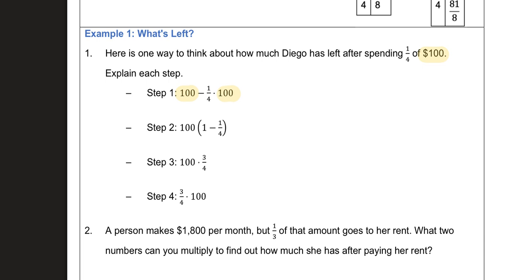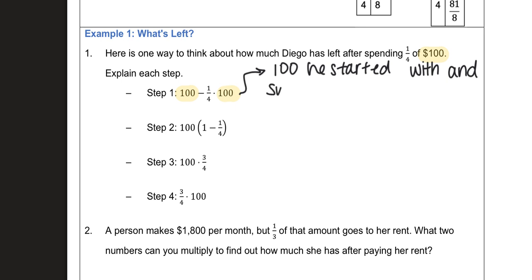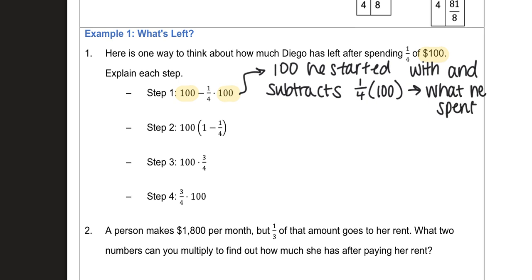So in step 1, he has the 100 he started with, and then subtracts 1/4 times 100, which is what he spent. Okay? So it's what he started with minus what he spent.